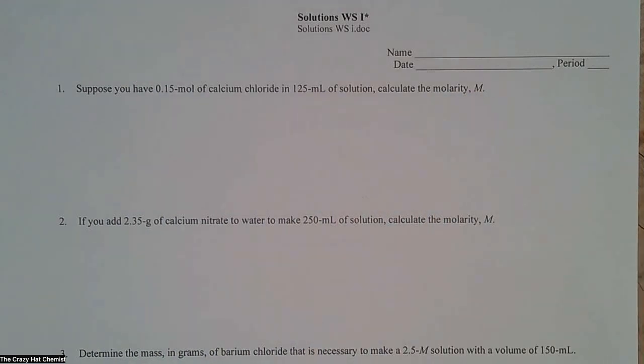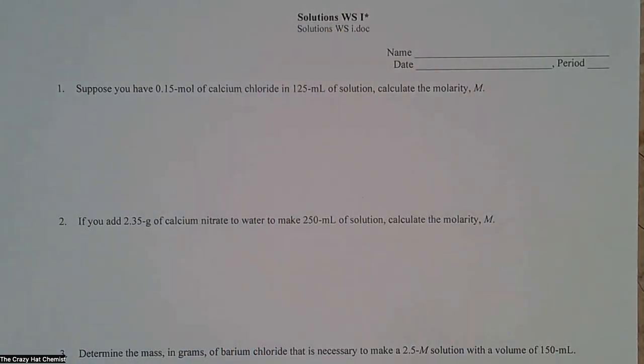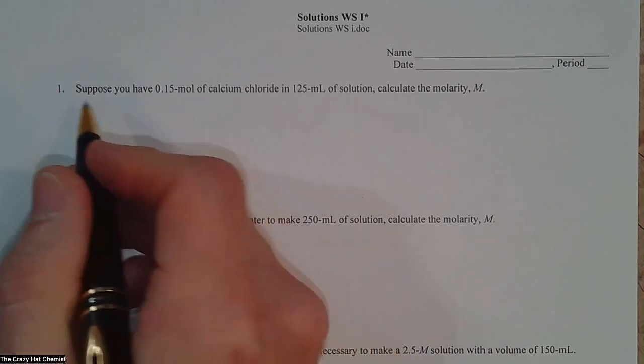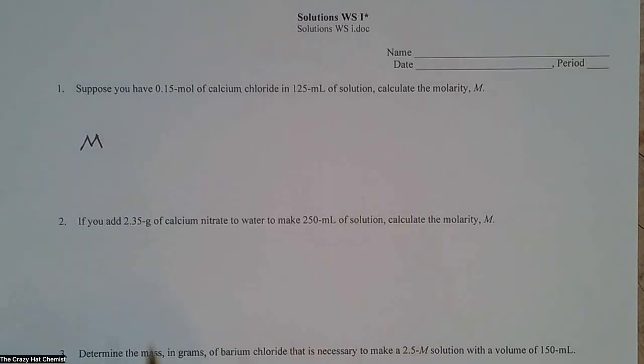Okay, so you can do these problems a number of different ways. There are lots of different ways to obtain the correct solution to your problem. Hopefully you get the pun there. But I'm going to show you many times just one way. So here we go. So molarity is the moles of the solute over the liters of solution.